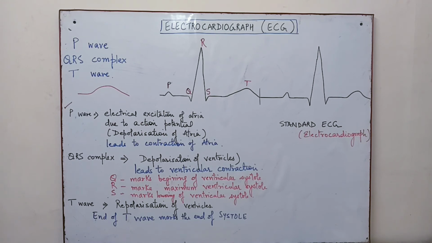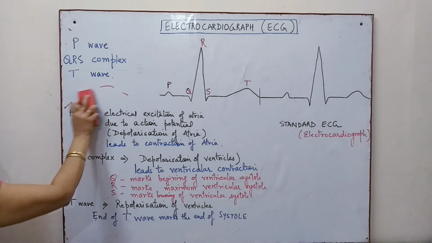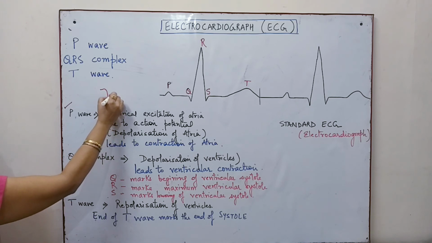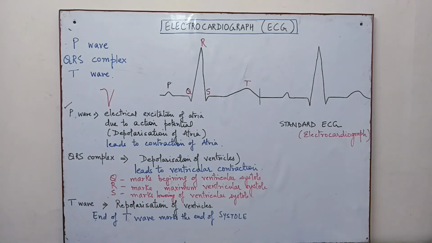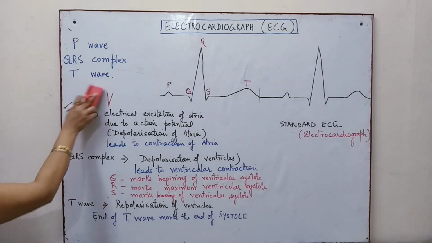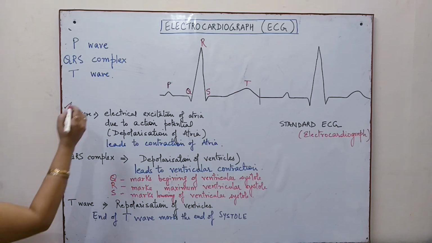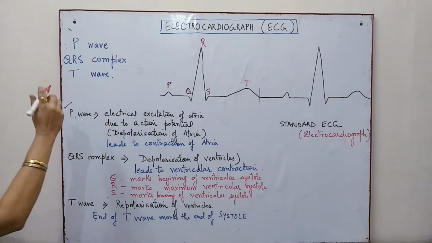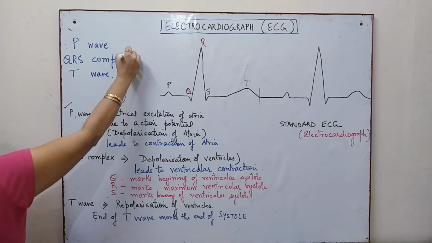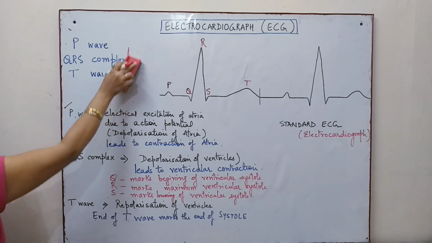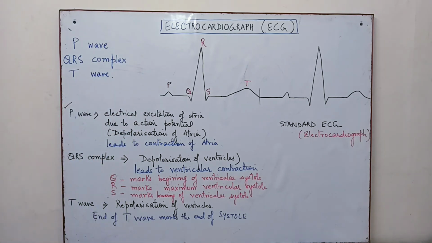Now if there is enlargement in the Q wave, that means if the Q wave is going deep down, then it indicates myocardial infarction. In the third case, the R, suppose the R is showing any abnormality, that is enlarged, if it goes beyond the normal R range, then it shows an enlargement of the ventricle.